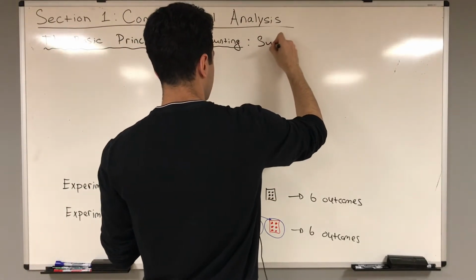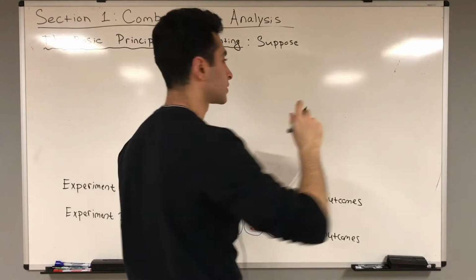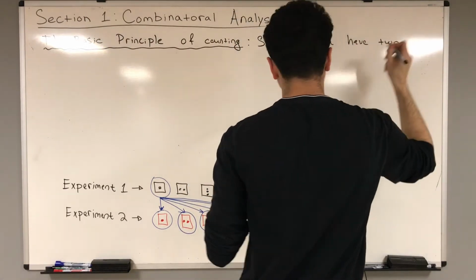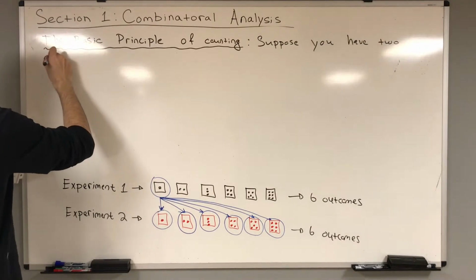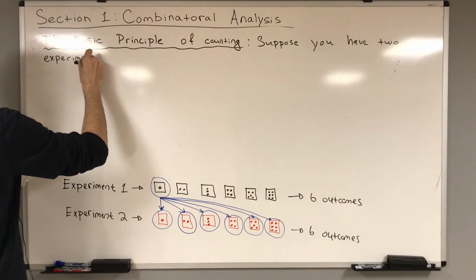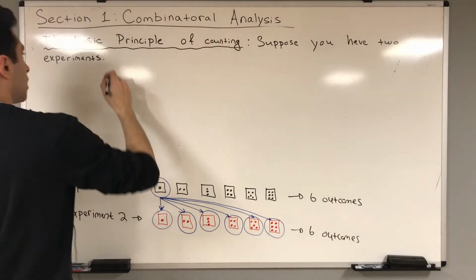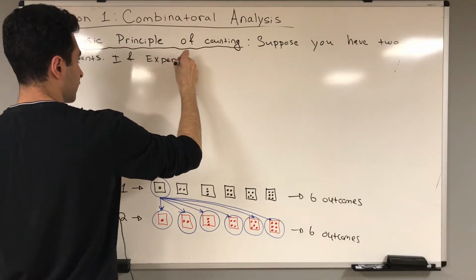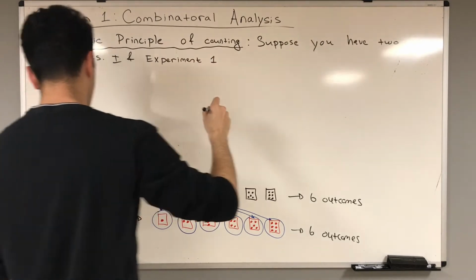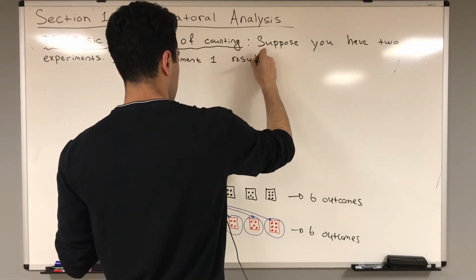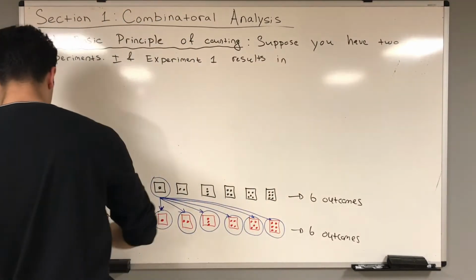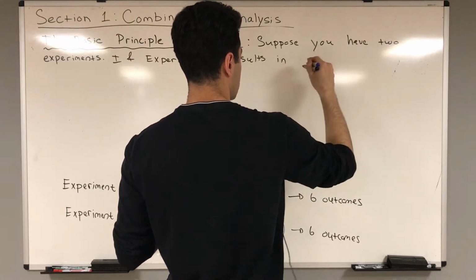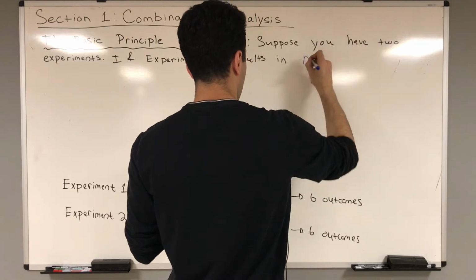So suppose you have 2 experiments. If experiment 1 results in n outcomes.